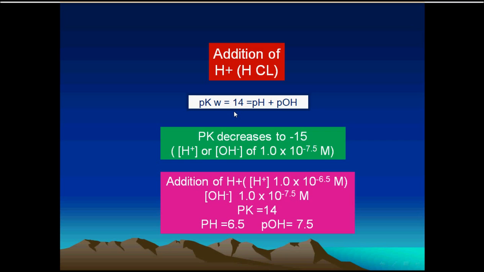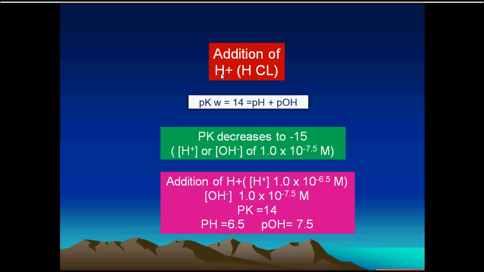Imagine we are adding some cations like HCl, so hydrogen cation has been added. We should imagine as if there is some sort of decrease in the dissociation of water. Instead of being minus 14, it will be minus 15, and the hydrogen ion will be minus 7.5, and the hydroxyl group will be minus 7.5, each of them.